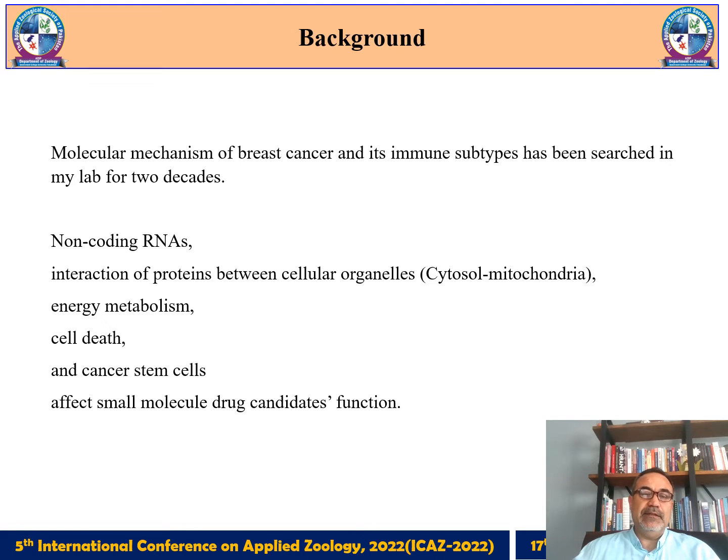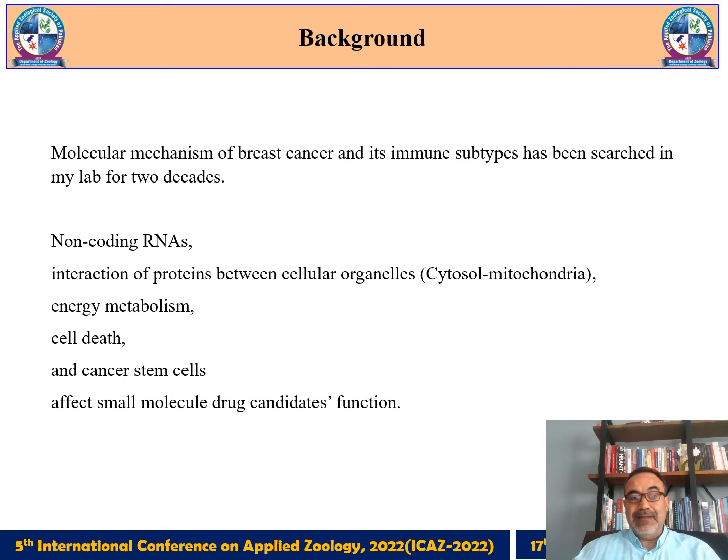The first one is the non-coding RNAs, which form a connection between cytosol and mitochondria. The effective non-coding RNAs that we found are pseudogenes and microRNAs.